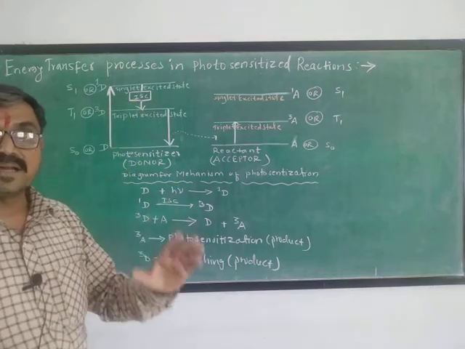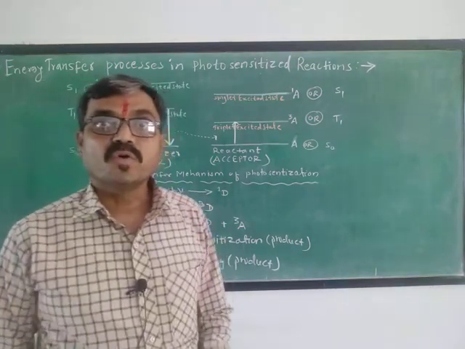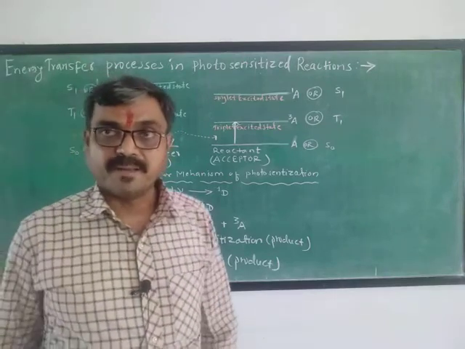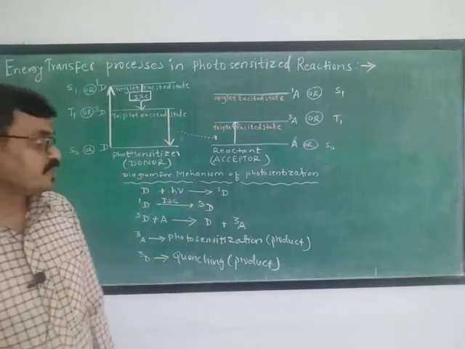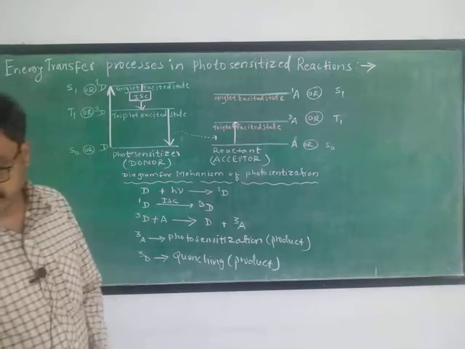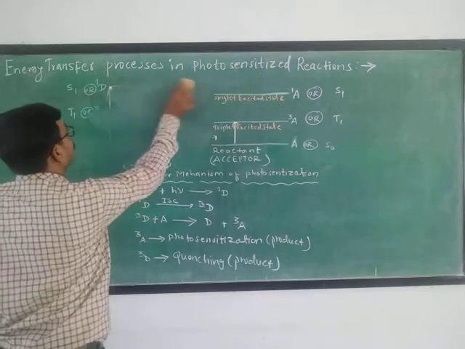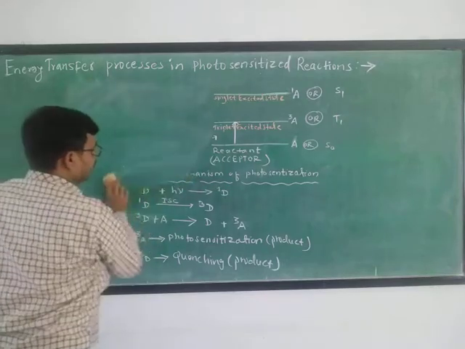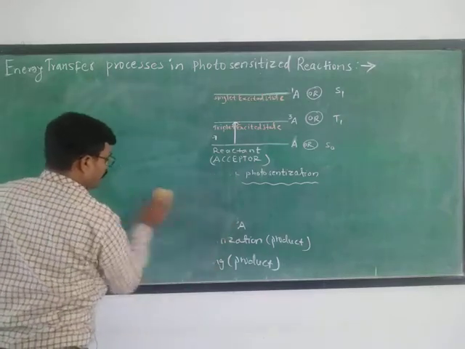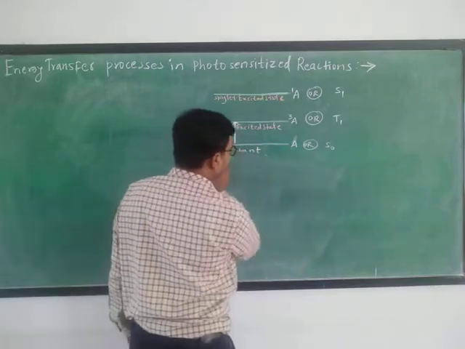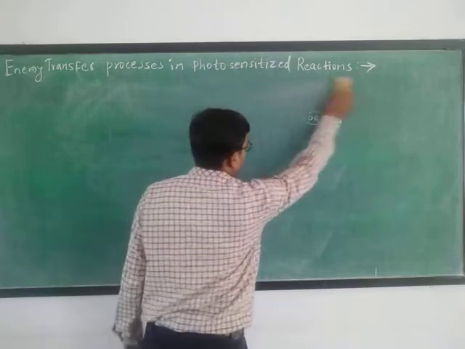Now see the examples of photosensitized reaction. You know the very well-known example of a chemical actinometer. Which is that example? That example is the uranyl oxalate actinometer. What is the mechanism of the uranyl oxalate actinometer? We studied it previously.